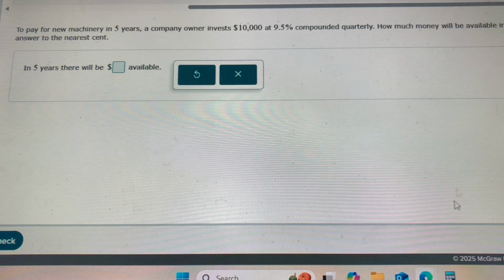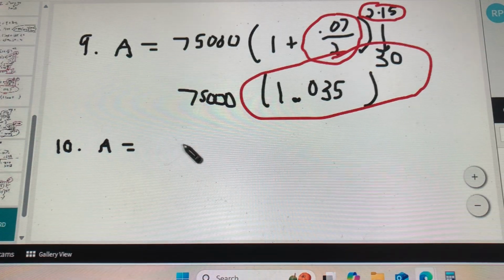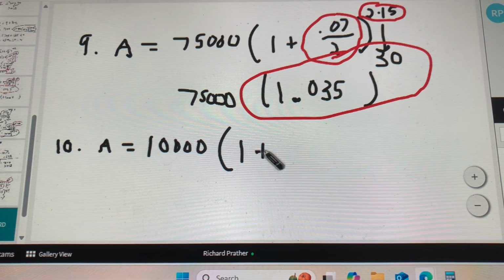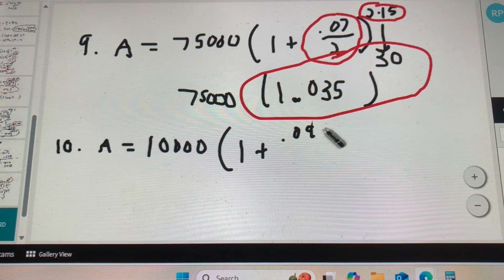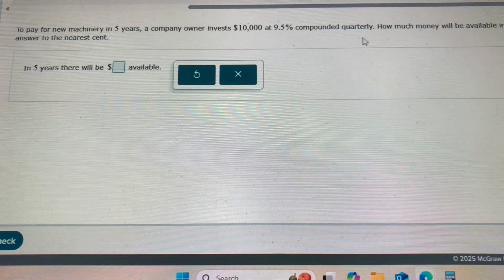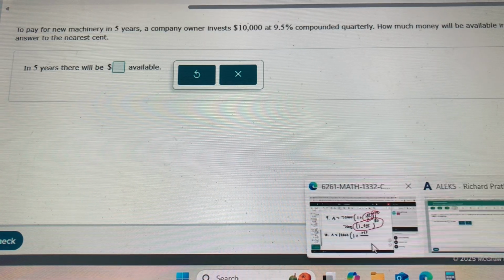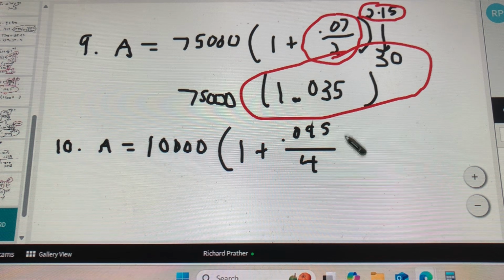So they're investing $10,000 right now. 9.5% is 0.095. I think it said quarterly. Yep, compounded quarterly for 5 years. So put the 4 for quarterly here, 4 for quarterly there, and then times 5 years.